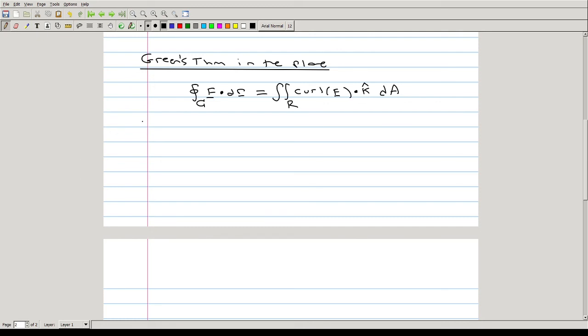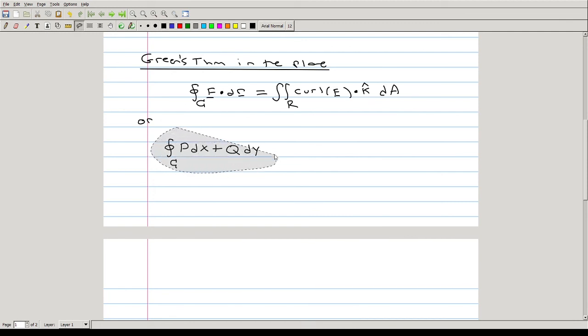Now, a more standard way of seeing this is to write it out in coordinates. In this case, this will be the closed contour integral around the boundary of P dx plus Q dy.